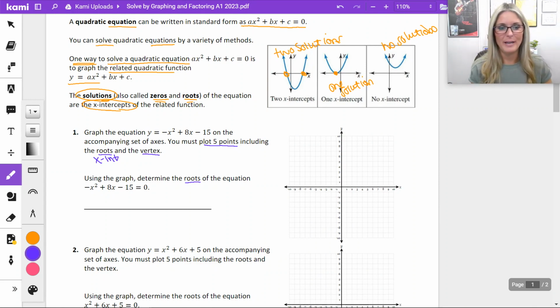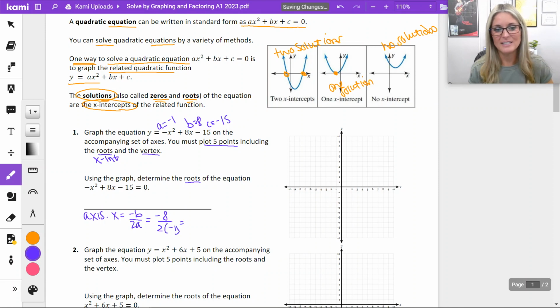Let's review a little bit. If we were to graph by hand, we would find the axis of symmetry, which is x equals negative b over 2a. In our equation, a is negative 1, b is 8, and c is negative 15. So we have negative 8 over 2 times negative 1, so our axis of symmetry would be at positive 4.